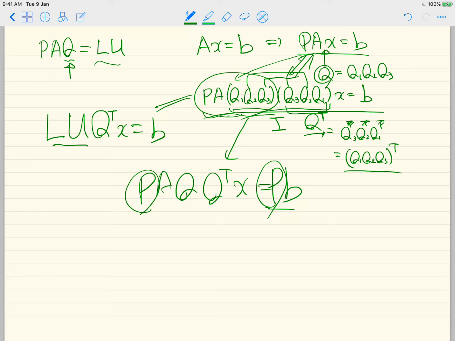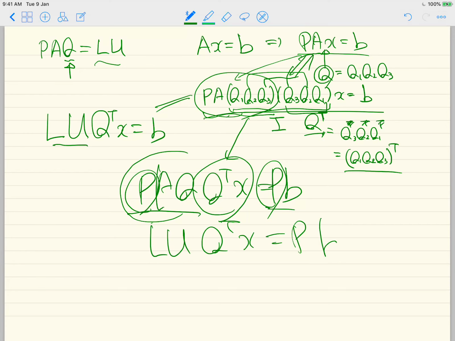But in this case, this is changed into LU and Q transpose x and Pb. So in this case, this one will become our new vector x prime, for example.